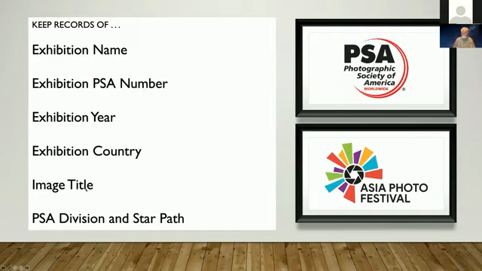Make sure that when you're recording your information about your acceptances, you record exactly the title that you used when you entered the exhibition. And also record the PSA division and star paths, so PIDC, PIDM, nature, photojournalism, and so on.